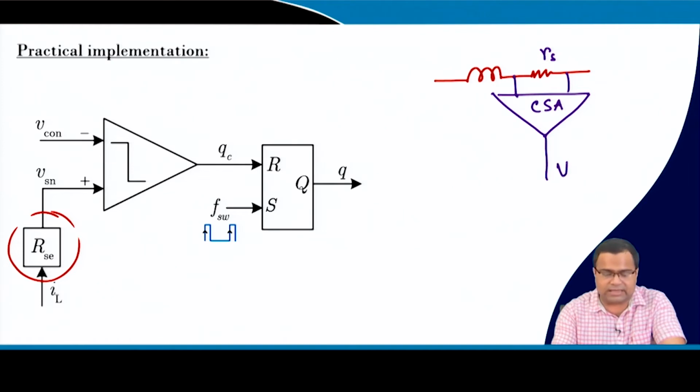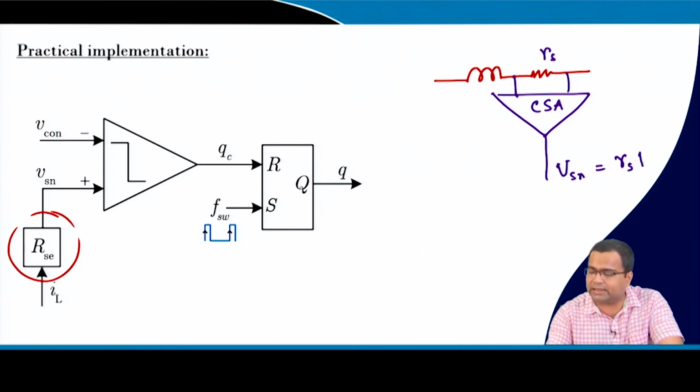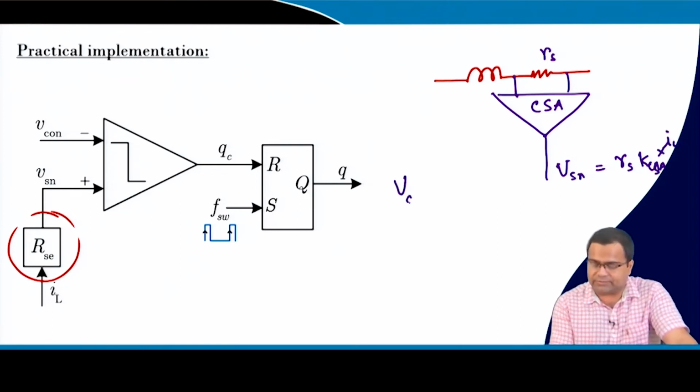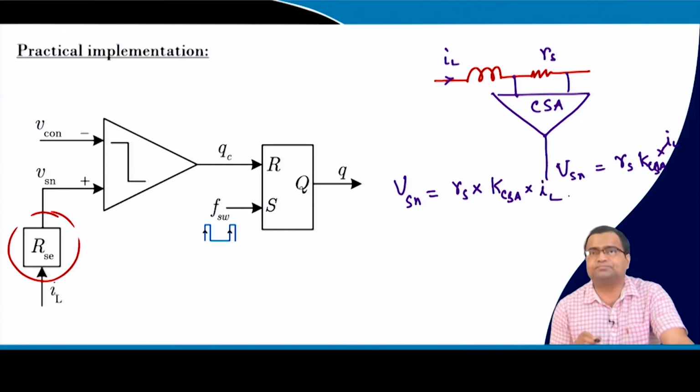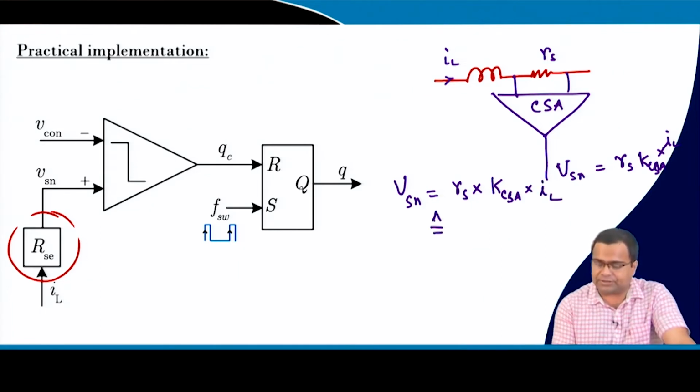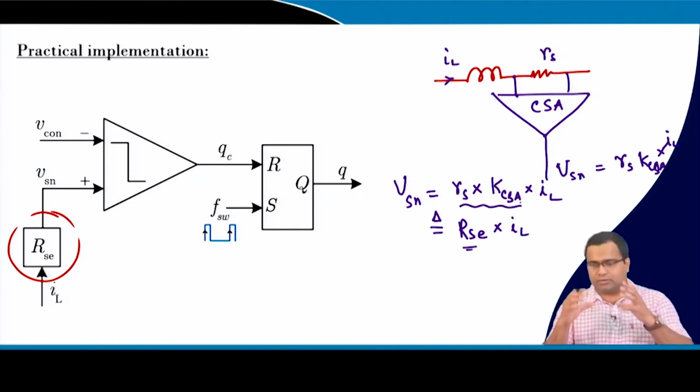So, what is your sensing? The VSN, the sense voltage, is nothing but RS, the gain of the current sense amplifier, into your IL, because your IL is flowing through it. This we have represented as equivalent current sense resistance into IL, because dimensionally this quantity looks like a resistance.